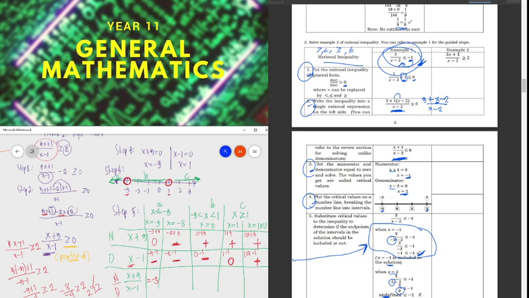Okay. Next, proceed. Negative divided by negative is positive. Positive divided by negative is negative. This one, the denominator is 0, so this is undefined. Positive divided by positive is positive. Let's go back to step 2. What are we going to look for?